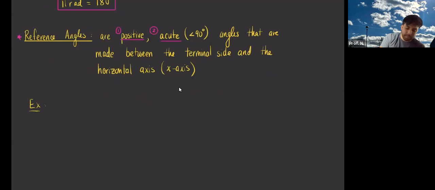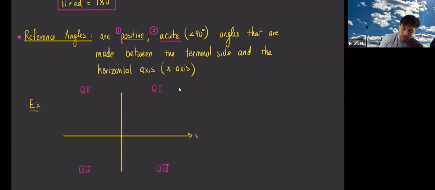For example, let's start with an angle in the first quadrant, right? So remember, this is quadrant 1, this is quadrant 2, quadrant 3, and quadrant 4. Don't forget that, because it's very important to remind ourselves every time.